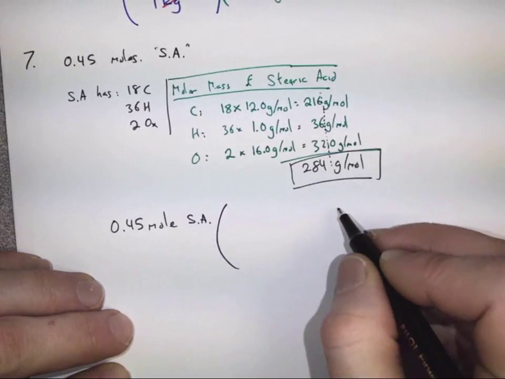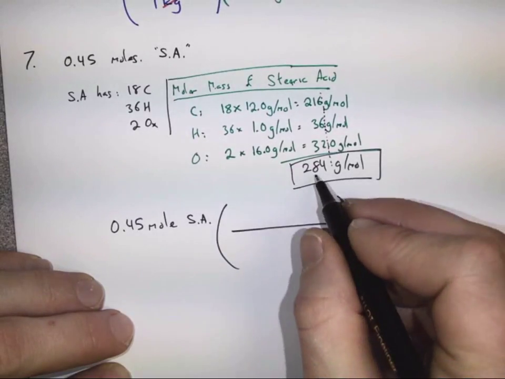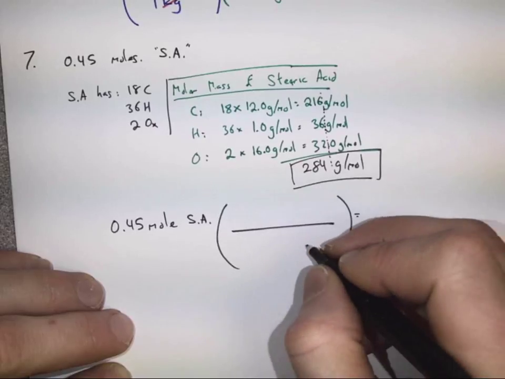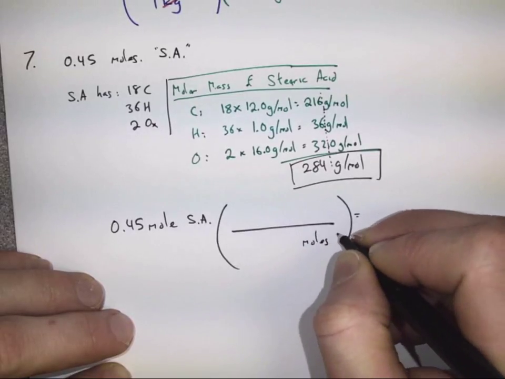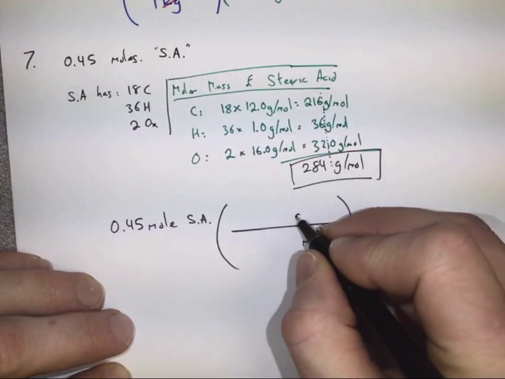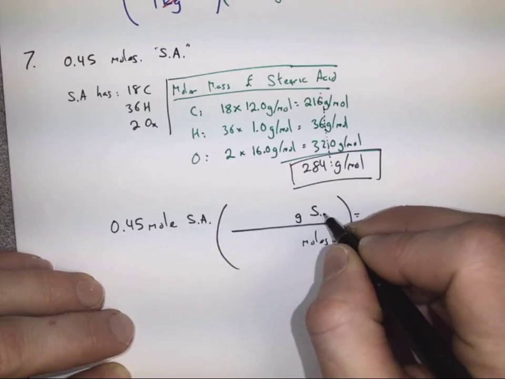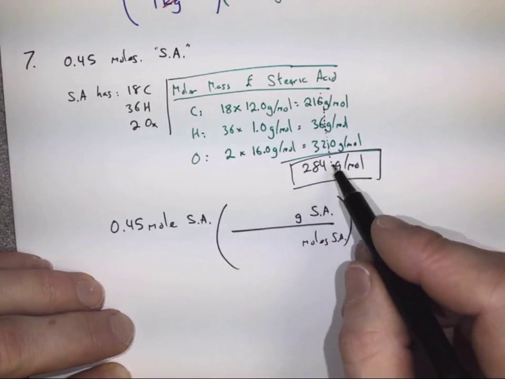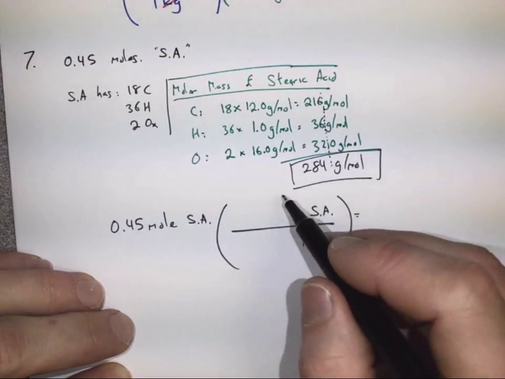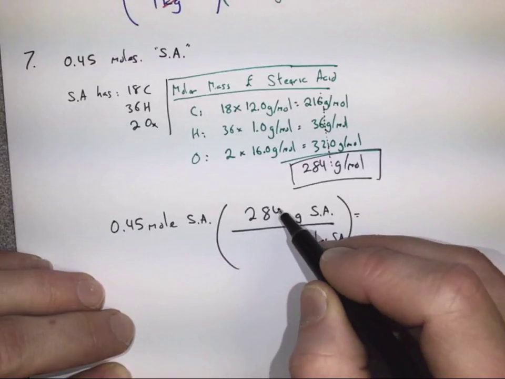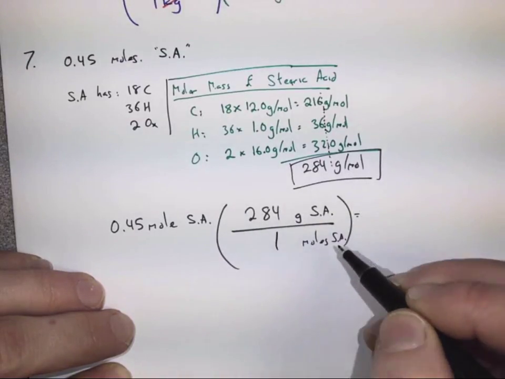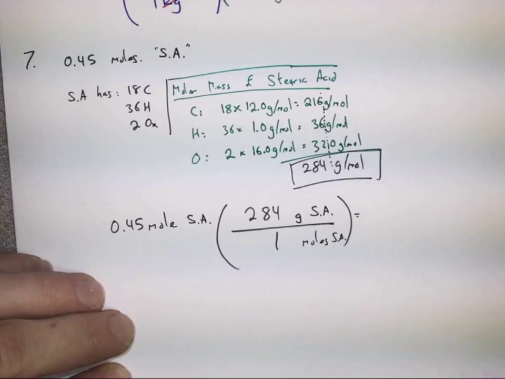And we're going to multiply to turn into a number of grams. We're going to cancel out moles of stearic acid, and we're going to get grams of stearic acid. And we know that in this conversion factor, there's 284 grams for every 1 mole of stearic acid.